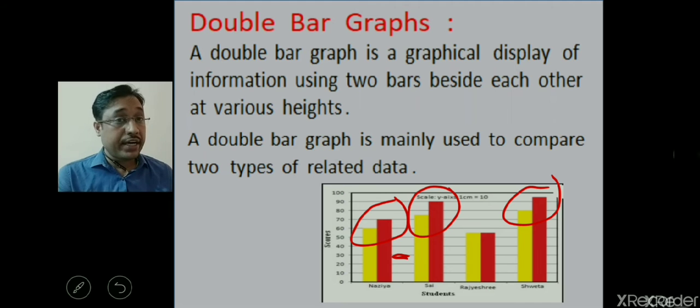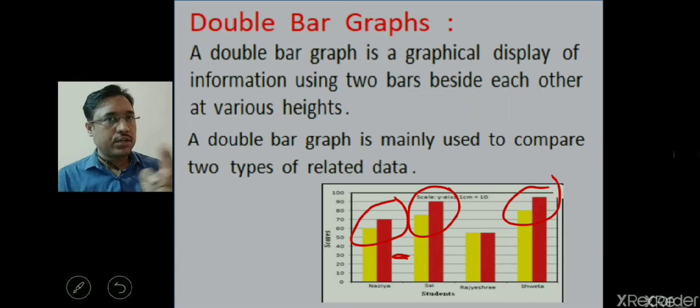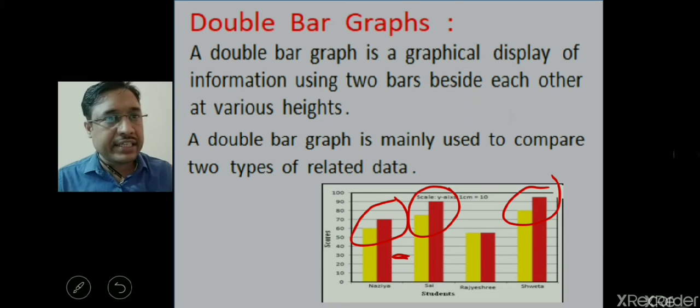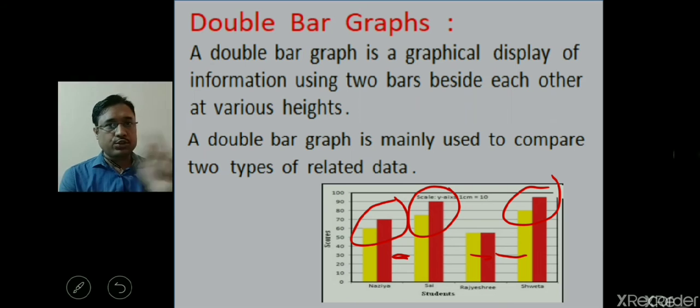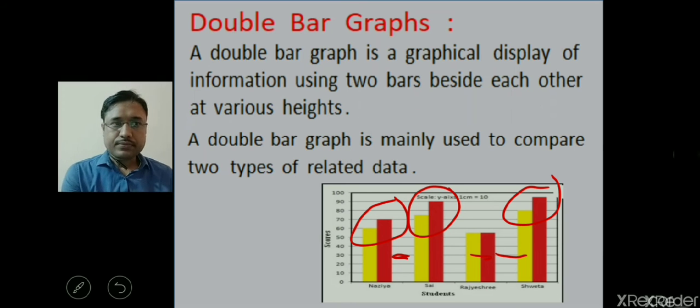But in a single pair of bars, which is showing the related data of the same quantity, there is no gap. They are just touching each other, but there must be an equal gap between the pairs of bars in the double bar graph.